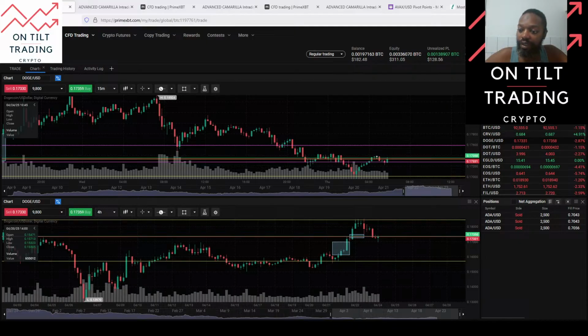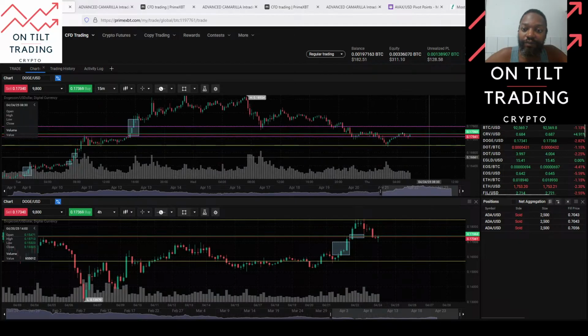Also here on the 15-minute, I have set a range. In addition, this is the S3 Camarilla pivot here, which would serve as support. Here's the S4.